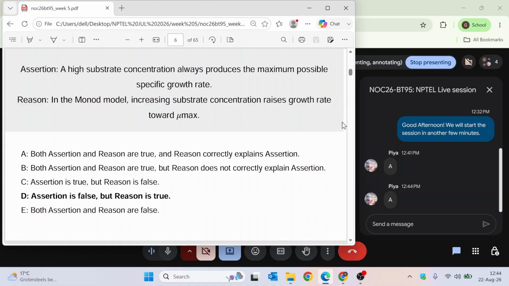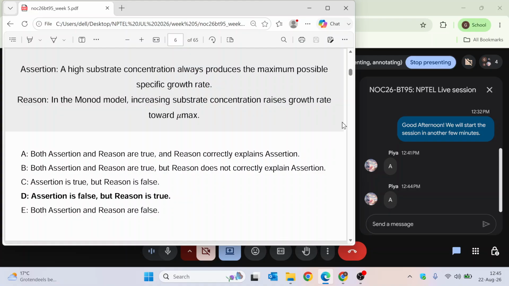At high substrate concentration, it is not necessary that your maximum specific growth rate is always achieved, because at very high concentration you can experience something like substrate inhibition, where you have an excess of substrate that becomes inhibitory to your bioprocess.